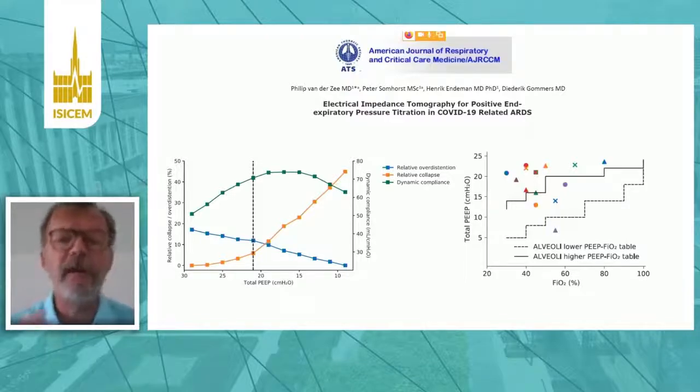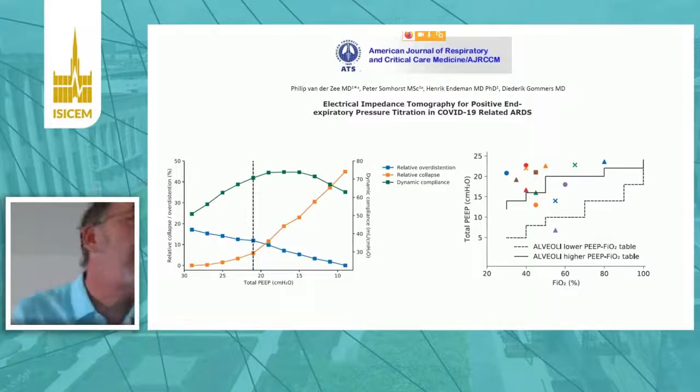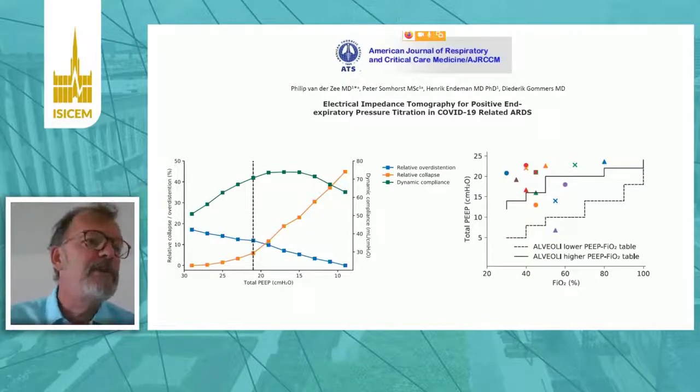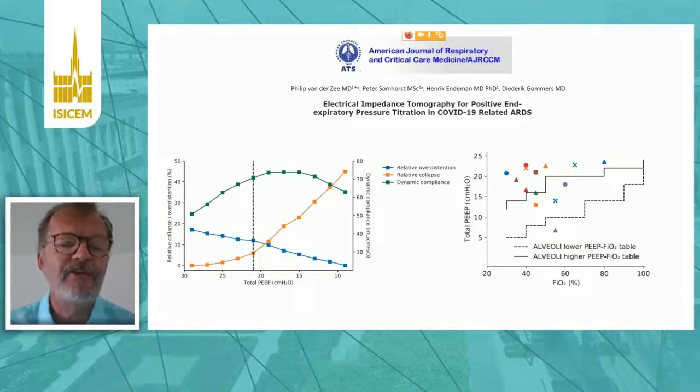And I took an example of a recent study in COVID patients, where from the change in local compliance of each pixel, you can calculate whether the compliance increases, which is called recruitment, so it decreases in collapse, or when the compliance decreases, which means hyperinflation.